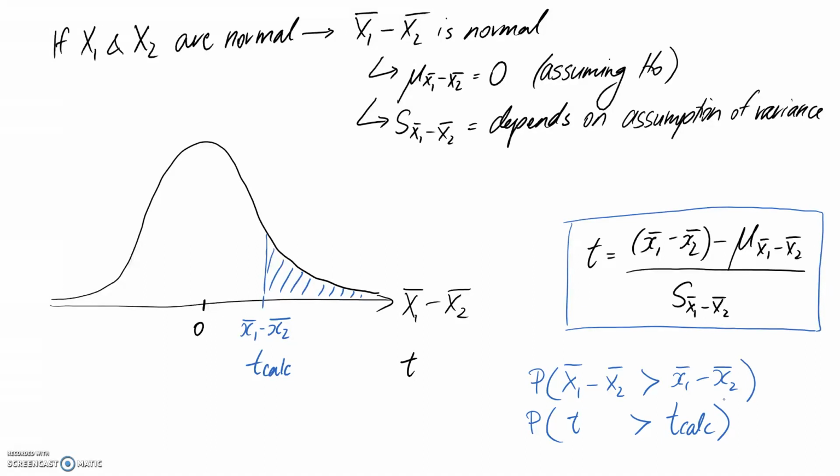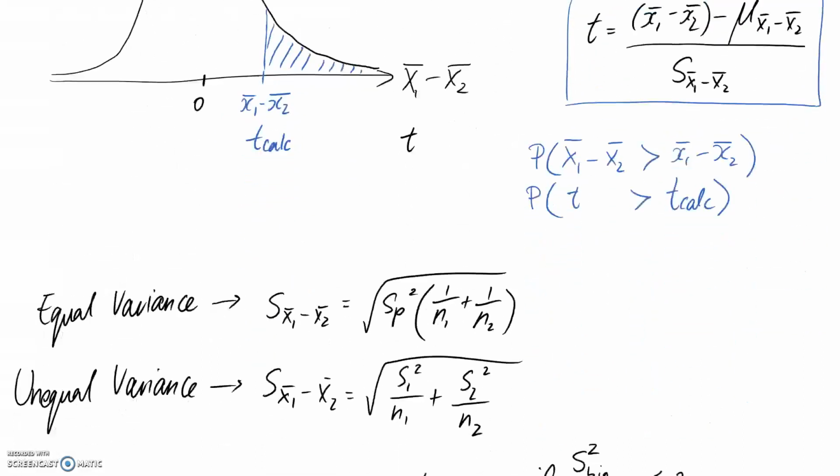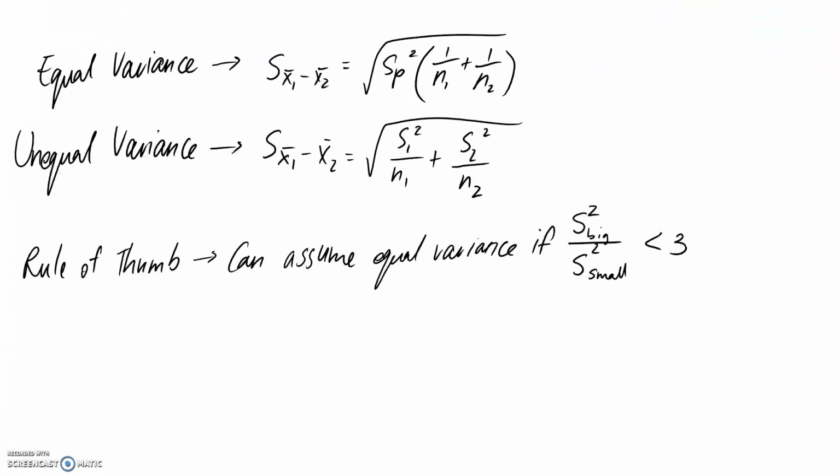The only other thing to mention is this S value. We said it depends on the assumption of variance, so there are two options. The first is to assume that we have equal variance across our two populations, 1 and 2. If that's the case, you can use this equation to calculate your standard deviation.